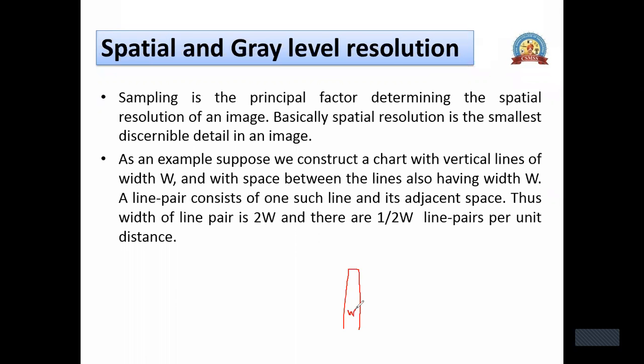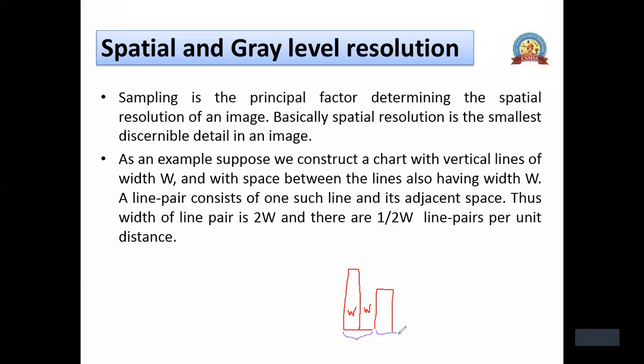Then we have another bar, and the space between these two is again w. So this is called a line pair. The line and the space, these two together, is called a line pair.